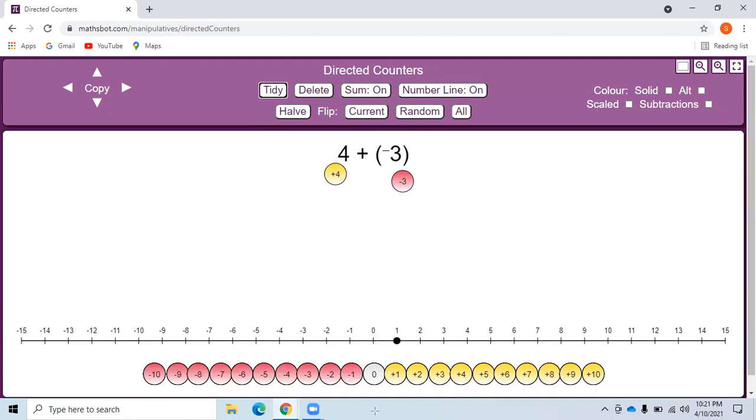I'm going to start at 0 and move 4 units to the right because I'm adding +4. Now I need to add -3. So I'm going to come back and move 3 units in the negative direction.